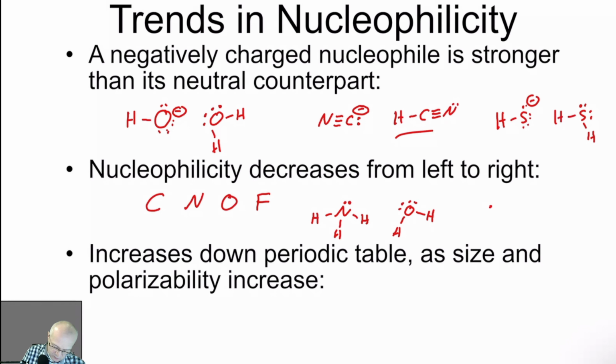Now you would expect, let's say, OH minus is a better nucleophile than F minus. Okay, so that's the trend in nucleophilicity.